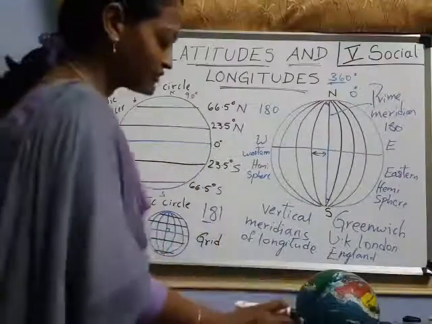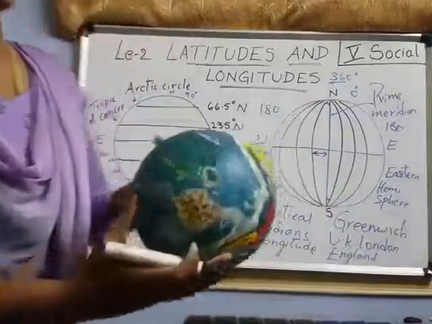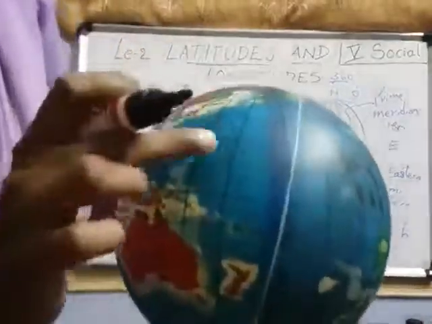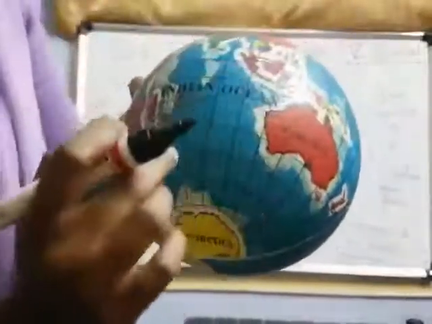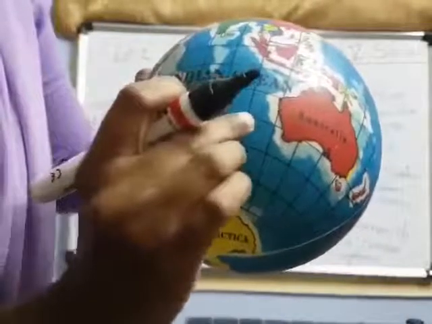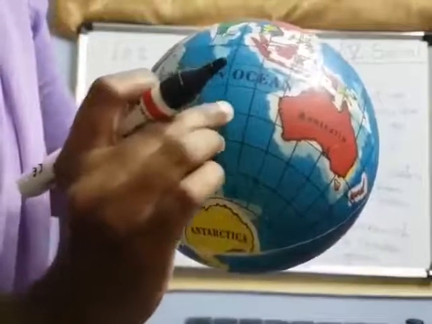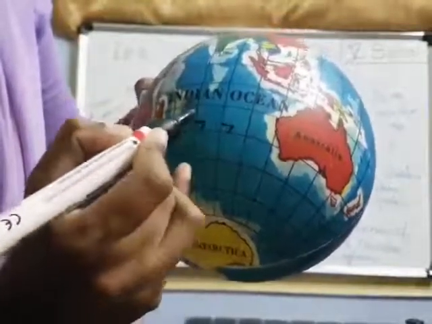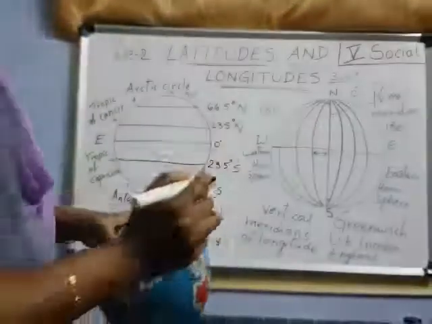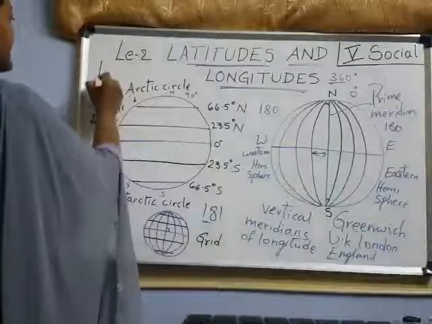Look at here, I'll show you on the globe. All these latitudes and longitudes meet, intersect or cut each other at an angle of 90 degrees. What is this? We call it 90 degrees. Look at here. A 90 degree angle is like this.